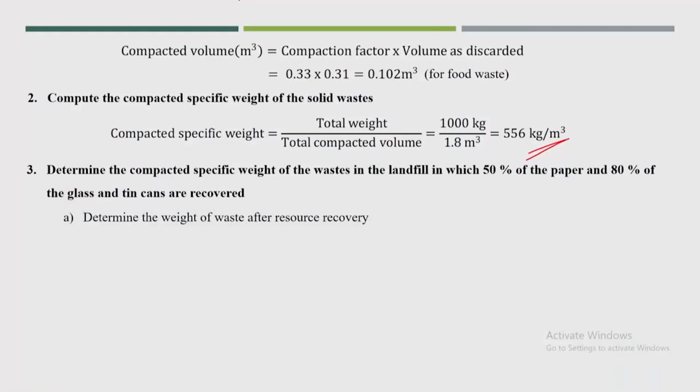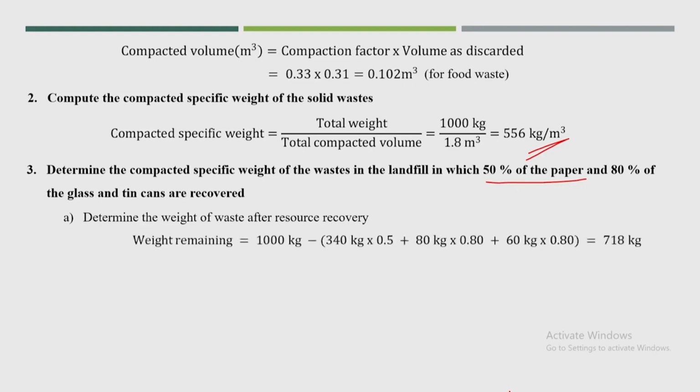Now, for the waste diversion program, it was told that 50% of paper and 80% of glass and tin cans can be recovered. First we will calculate the remaining weight. The total weight was 1000, and the weight of paper was 340, glass was 80, and tin was 60.